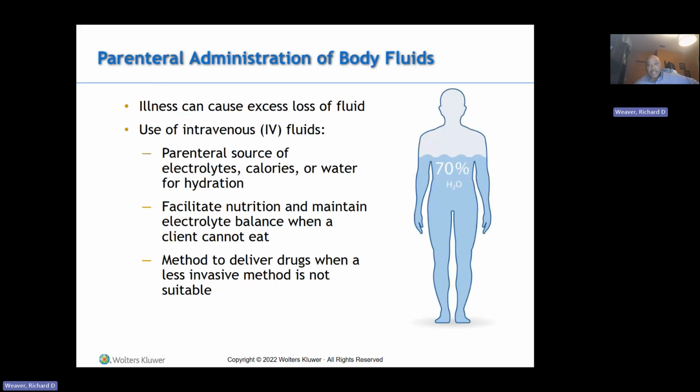These patients would not be able to eat, and therefore we have to maintain their fluids, nutrition, and electrolytes in another manner. The parenteral route is the way to go until hopefully the person gets better. Also, it's the method to deliver drugs when a less invasive method is not suitable. And so this is the importance of IV fluids.